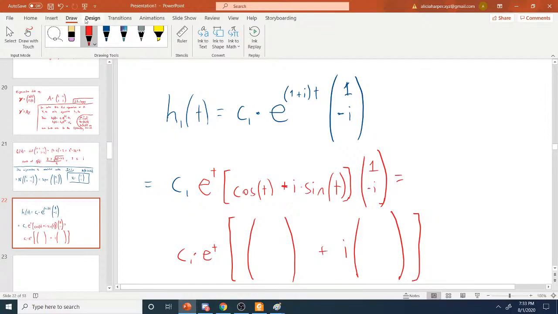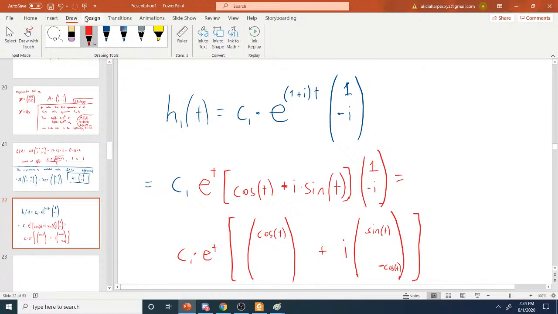So if I multiply cosine t by 1, I get something real, so I'll have a cosine t here. If I multiply cosine t times negative i, I'm getting something that's negative imaginary, so I should have negative cosine t here. If I multiply i sine of t by 1, I'm getting something imaginary, so I should have sine of t here.